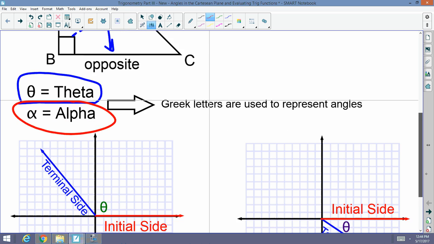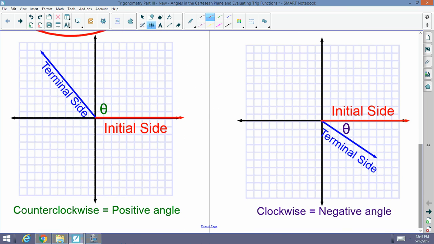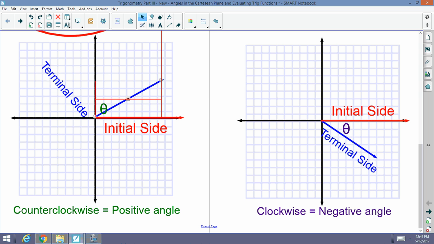Now, when we're talking about angles in general, I'm going to show you how an angle works. An angle works as follows. You have an initial side, which is here in red. The angle starts at the initial side and starts traveling. Eventually it stops.